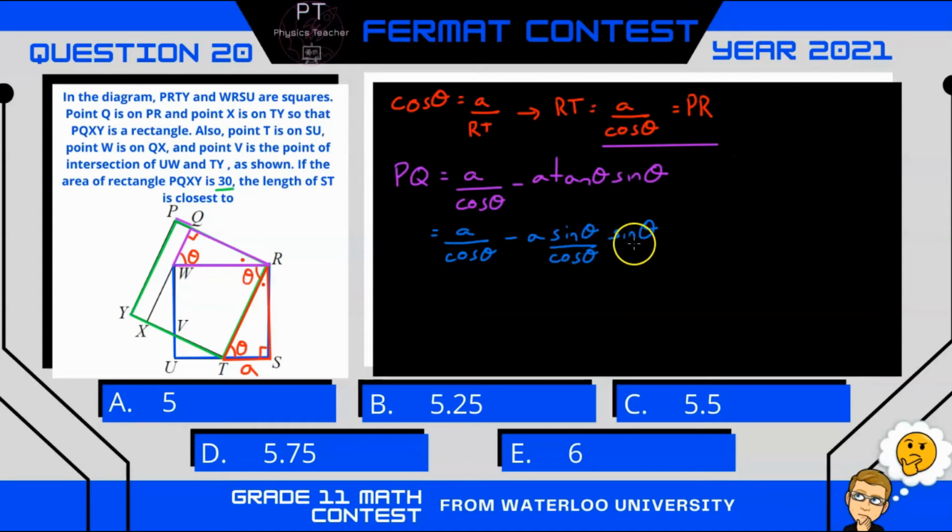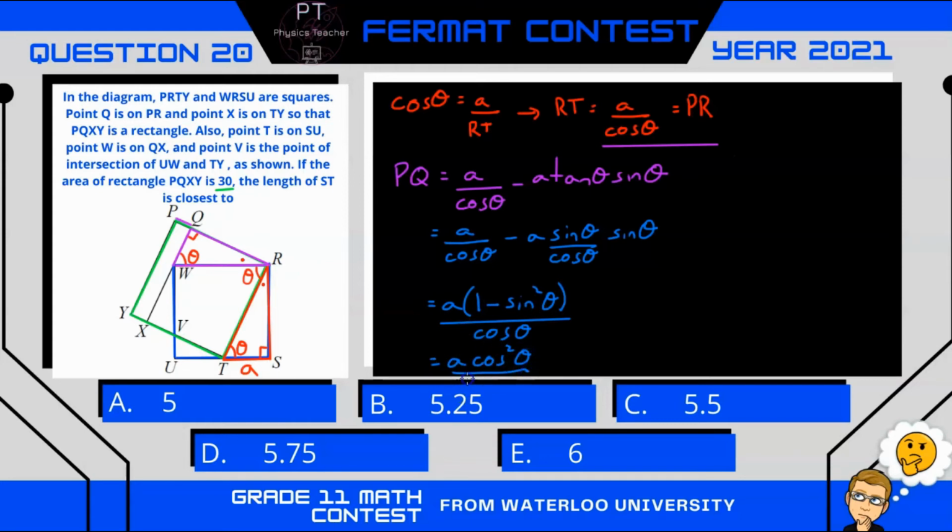Sine theta and sine theta is sine squared theta, and we also have a common denominator of cos theta, so I can factor out the A. So we'll get A times 1 minus sine squared theta, all divided by cos theta. And 1 minus sine squared theta is another trig identity, the one where sine squared theta plus cos squared theta equals 1. And so 1 minus sine squared theta is cos squared theta.